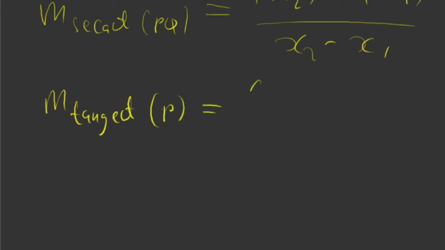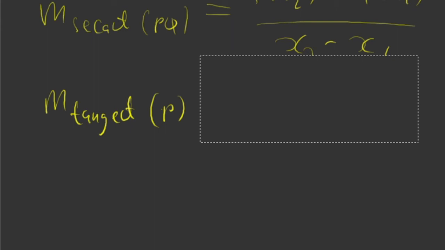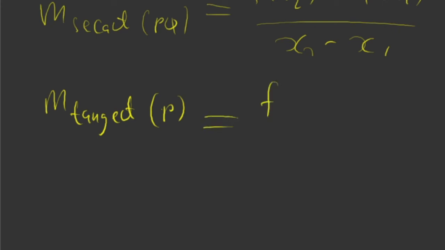Like at P. Sorry. At that point P. So point P means the first point, so we can just say at x, x is equal to x1.